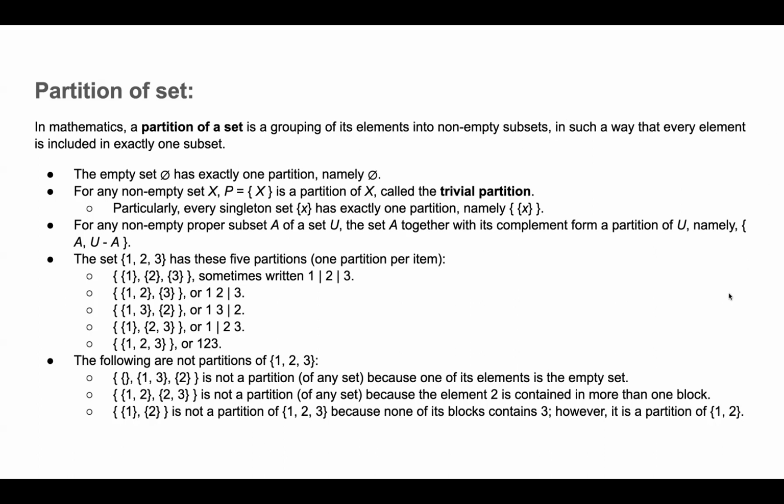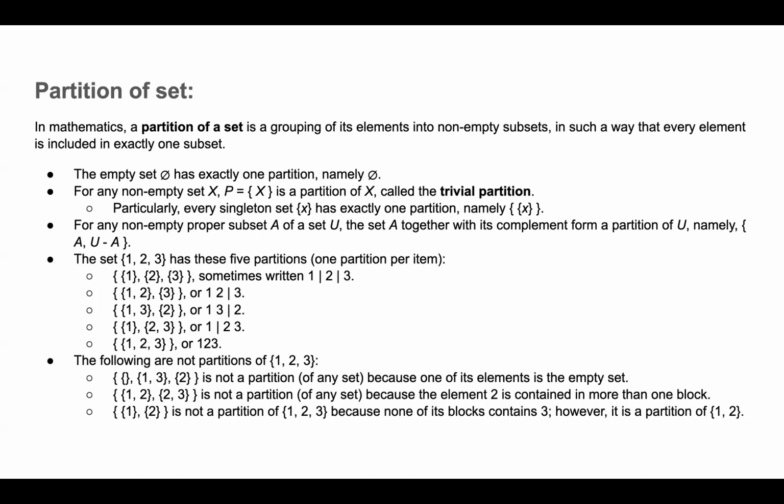Okay, A is there and U minus A is there. As we compare to the universal set, it divides into the set itself and the other part of the universal set. We know any subset A is a proper subset of U, where U is the universal set.